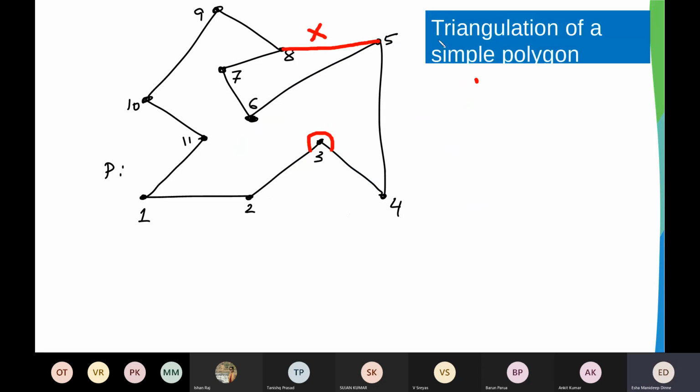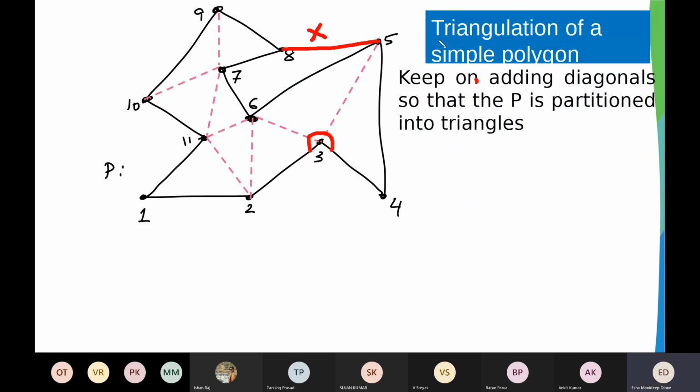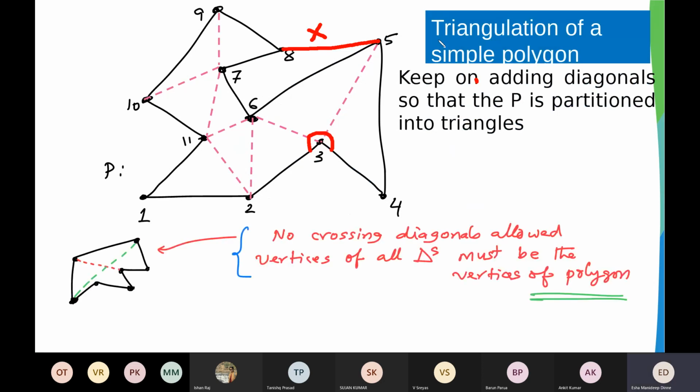Fine. So triangulation is to keep on adding diagonals so that P is partitioned into triangles. In a triangulation, no crossing diagonals are allowed, and the vertices of all triangles must be vertices of the polygon.